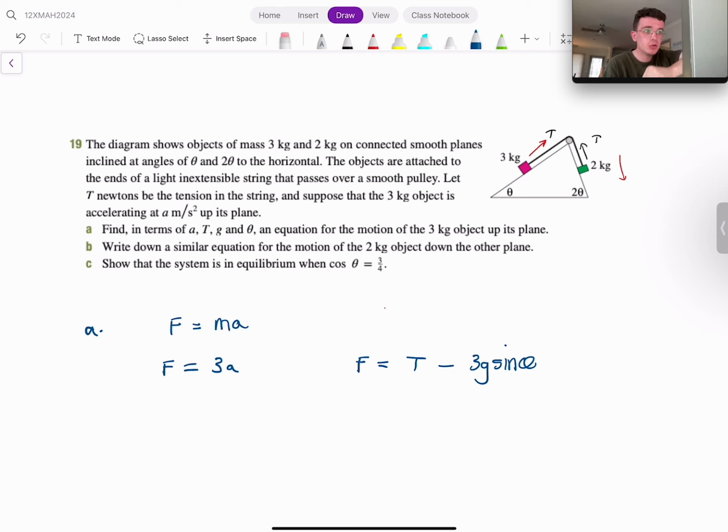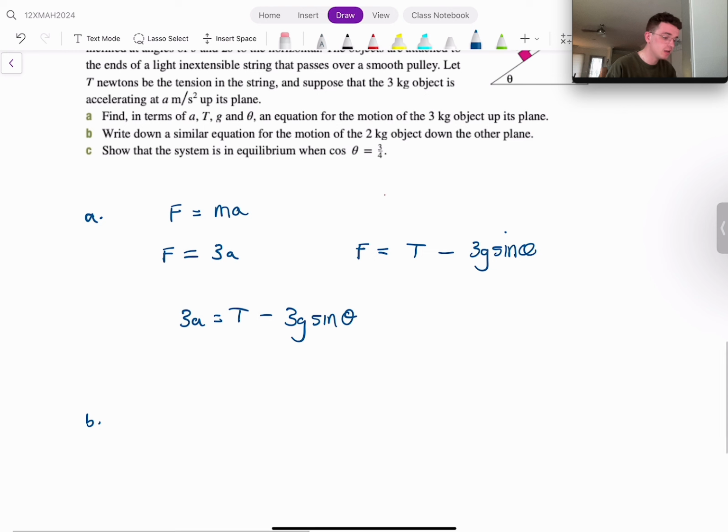So we're pulling it upward with the tension, but at the same time taking away the force that's trying to pull it down. So the resultant is the tension minus that force that's pulling it down. So we can see from this that we're going to have 3a is equal to T minus 3g sine theta.